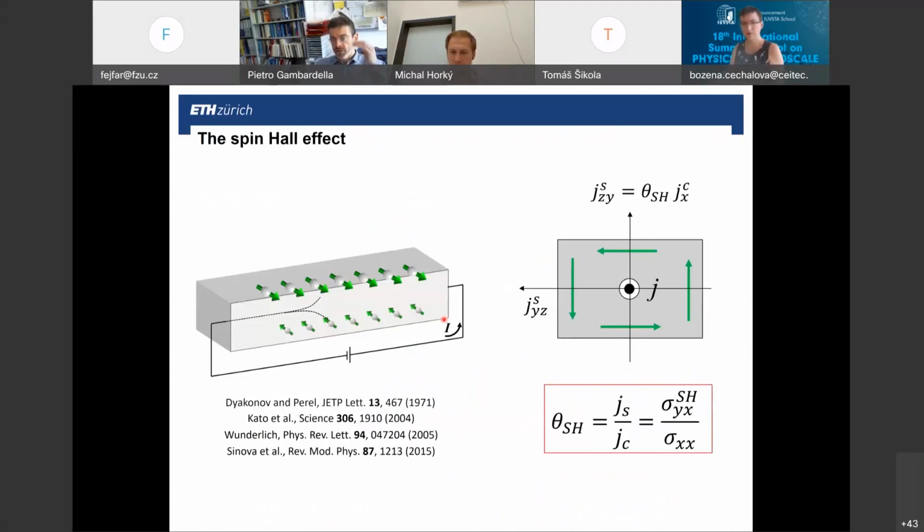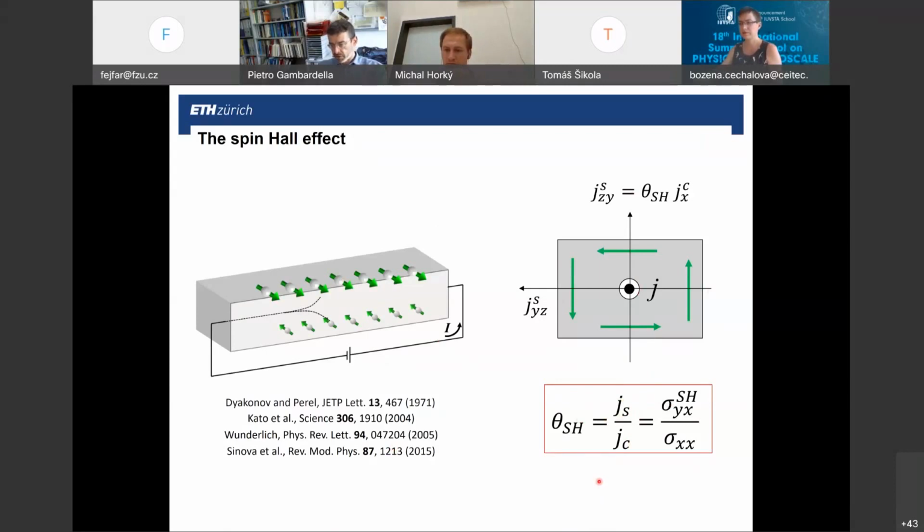So now, when you have spin accumulation due to one of these effects, here I use the spin Hall effect to show this, right? We generate a non-equilibrium magnetization at the edges of a conductor, which can also be seen as a spin current propagating towards the interfaces of the conductor. The amount of spins generated, or if you want, the amount of spin current generated per charge current, this is the so-called spin Hall angle.